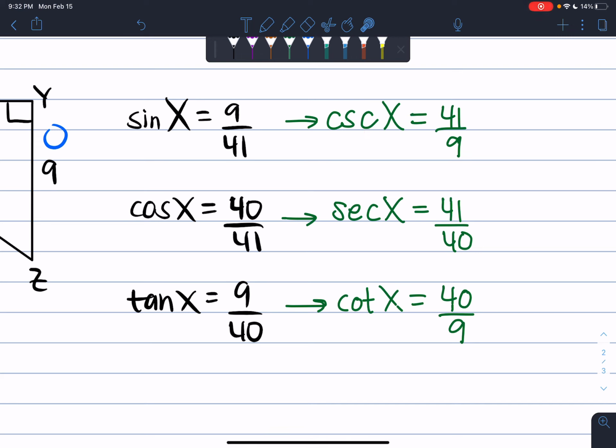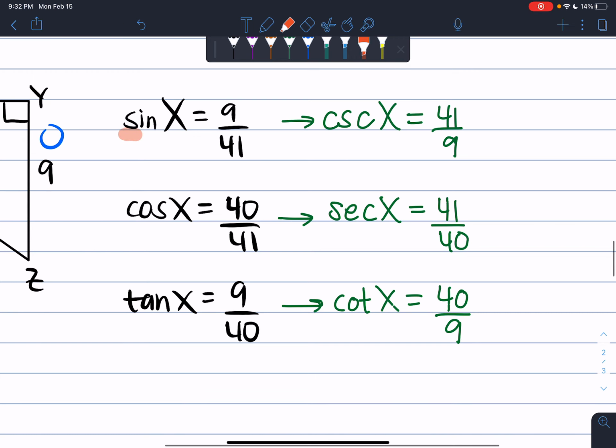So the way that I like to remember it, and I encourage you to find your own ways to remember these things too, is notice that the reciprocal of sine starts with a C. So S and C, these two will be different.